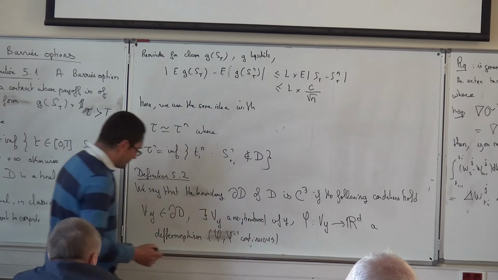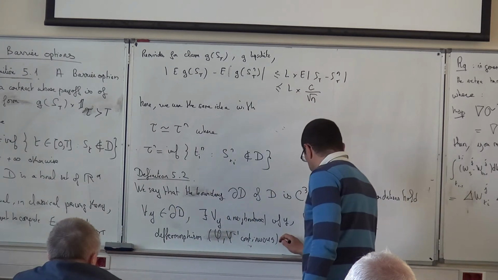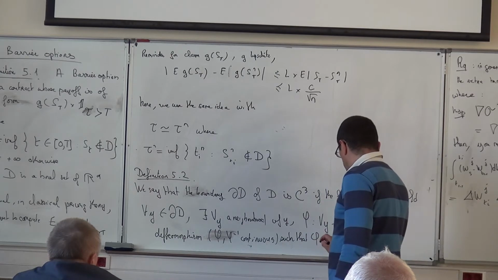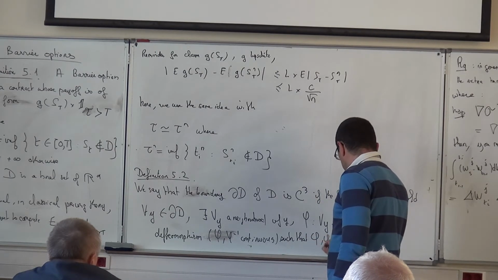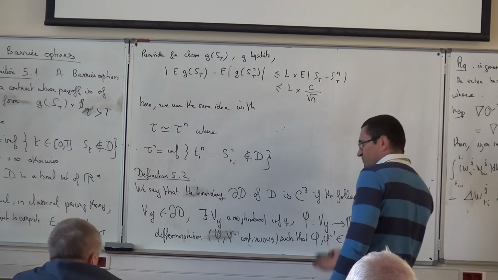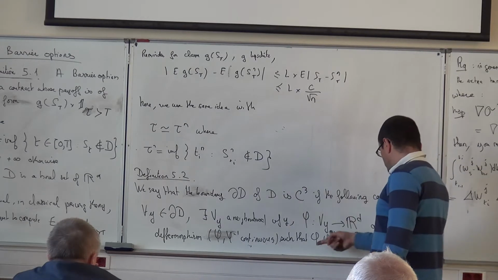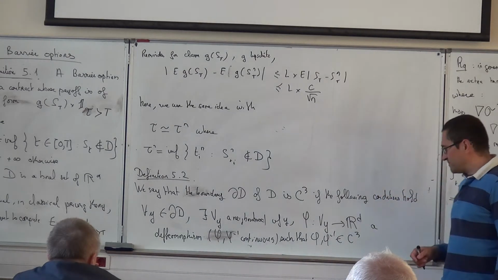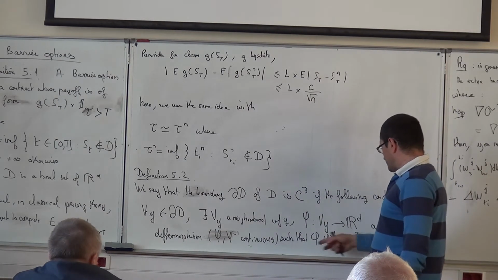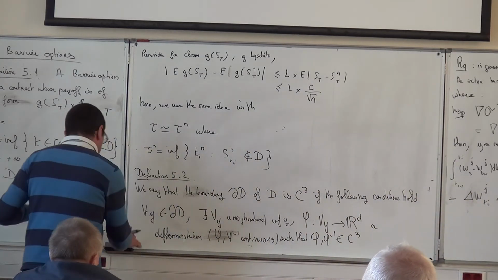That is the definition of diffeomorphism, but here we actually suppose that phi and phi minus 1 belong to C3, that is, in the classical sense, three times differentiable.